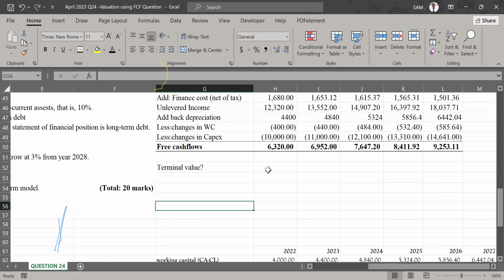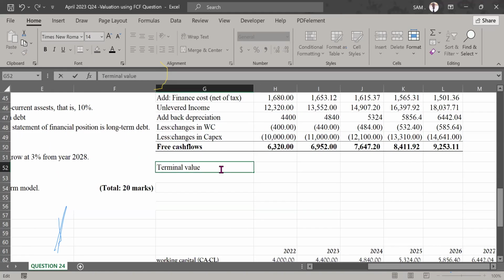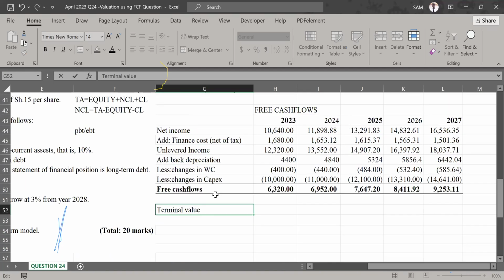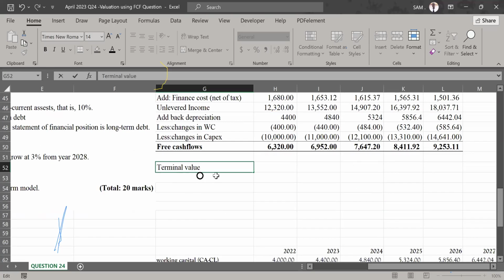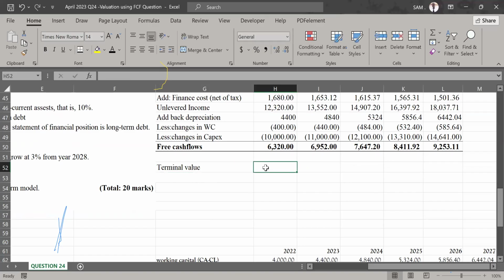To get the terminal value, there is normally a formula that you use when you are applying this free cash flows method, and the formula is very simple. Terminal value, normally you just say equal. This is the formula. I'm putting that apostrophe so that it doesn't give me an output. So we normally pick the free cash flows at year 0.